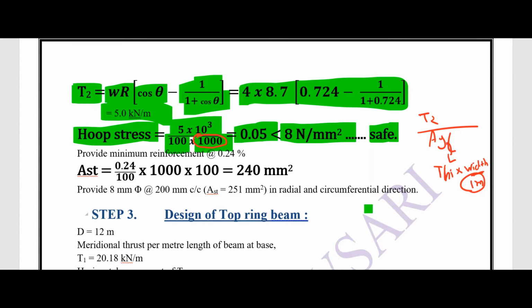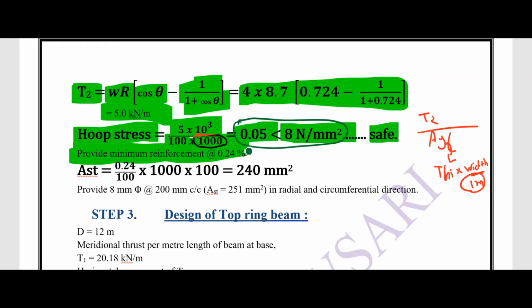So we can provide minimum reinforcement in the dome. If this condition is not satisfied, we have to increase the thickness of the dome. But right now this condition is satisfied, so we can provide minimum reinforcement of 0.24%.